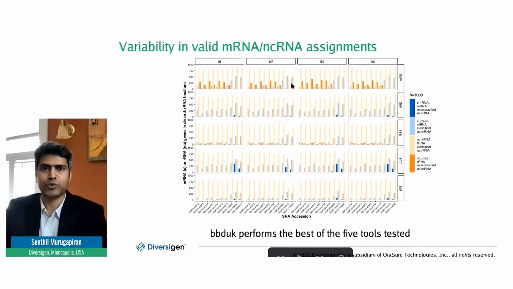However, in the case of Bowtie, we see some non-mRNA binned in the mRNA fraction, or misclassified as mRNA. And in the case of SortMeRNA, we see the reverse problem, where some of the protein coding genes get classified as rRNA genes. Of the 5 tools tested, we found that BBDuk performs the best.